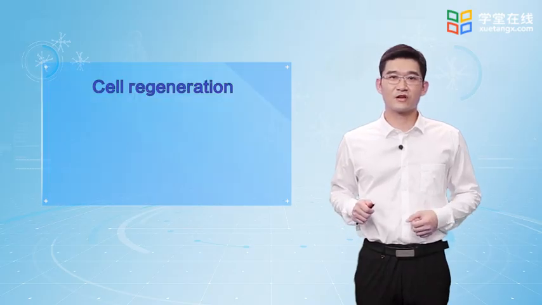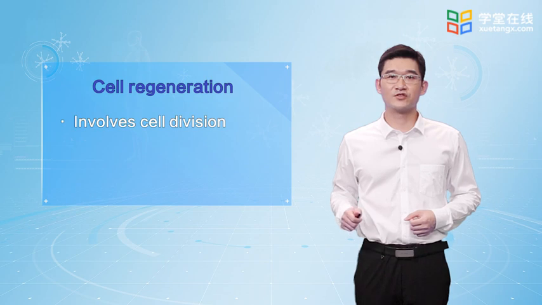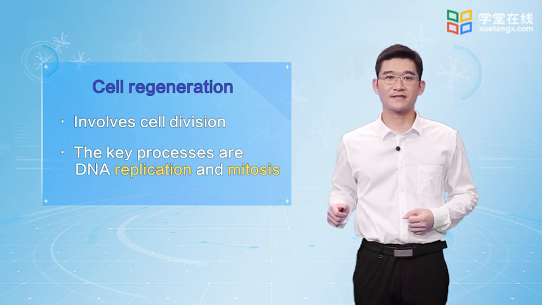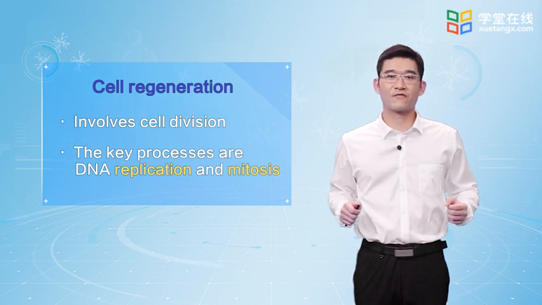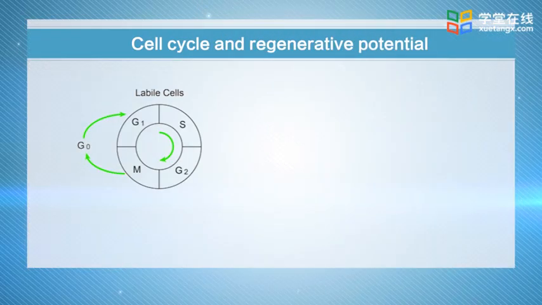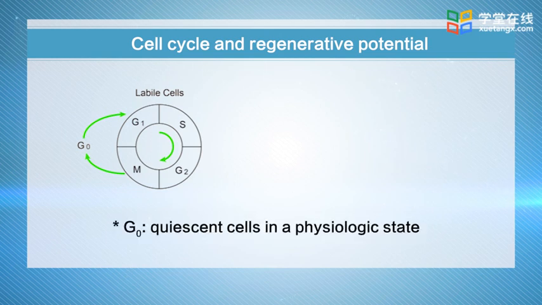The regeneration of cells involves cell division. The key processes in cell regeneration are DNA replication and mitosis. The sequence of events controlling this process is known as the cell cycle. Some cells are continuously dividing. Most cells in the body are at the G0 stage of the cell cycle.